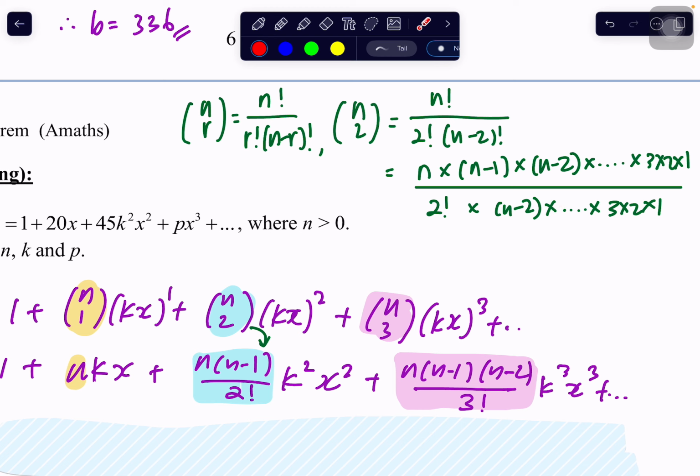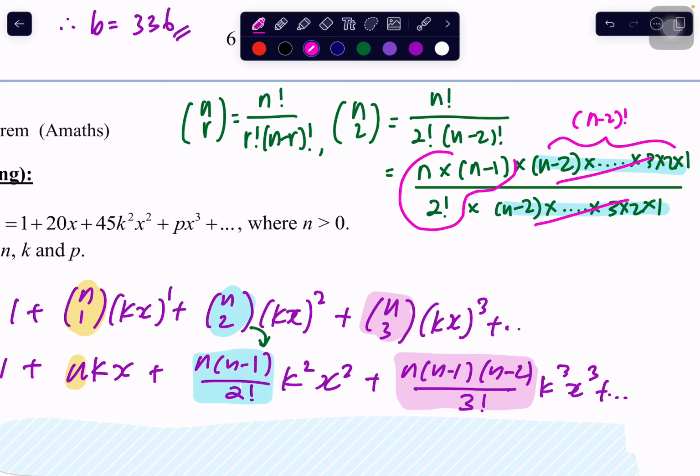What do you notice about these two highlighted blue terms? Aren't they the same? They are completely identical. This is none other than n minus 2 factorial, so this cancels out. That leaves me with n times n minus 1 over 2 factorial, which is what I have over here.